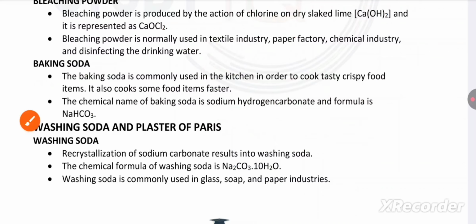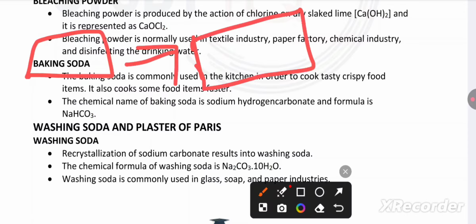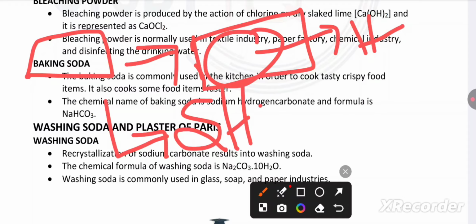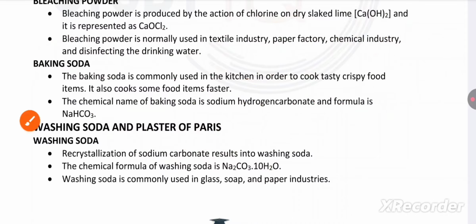Okay, when we see the word baking soda, the image of a healthy cake should come to your mind. In that cake we use salt, sodium, hydrogen, water, and carbohydrate, carbonate. Sodium hydrogen carbonate. Okay, you will never forget it, guys.